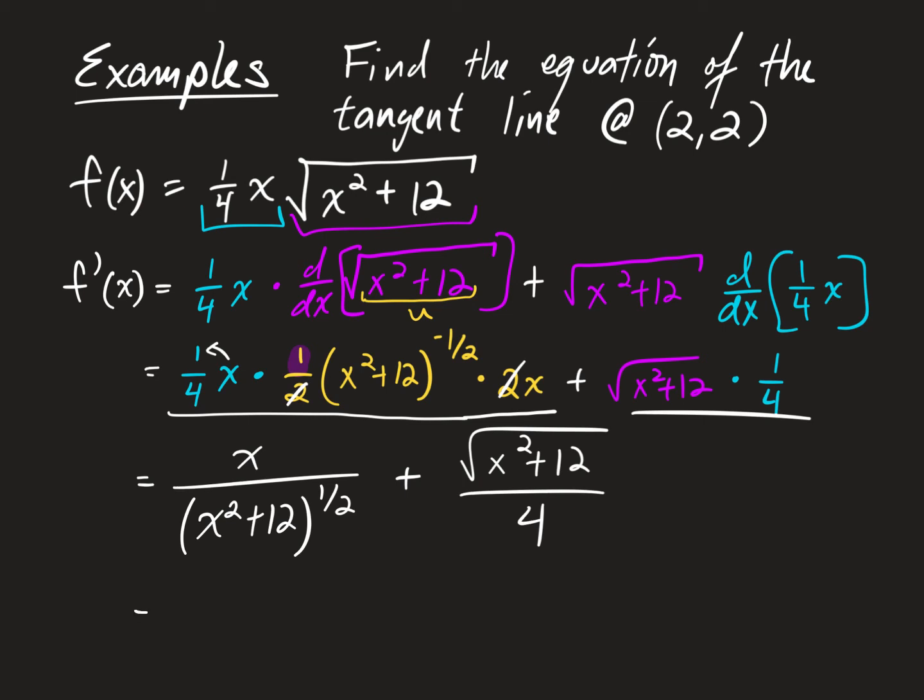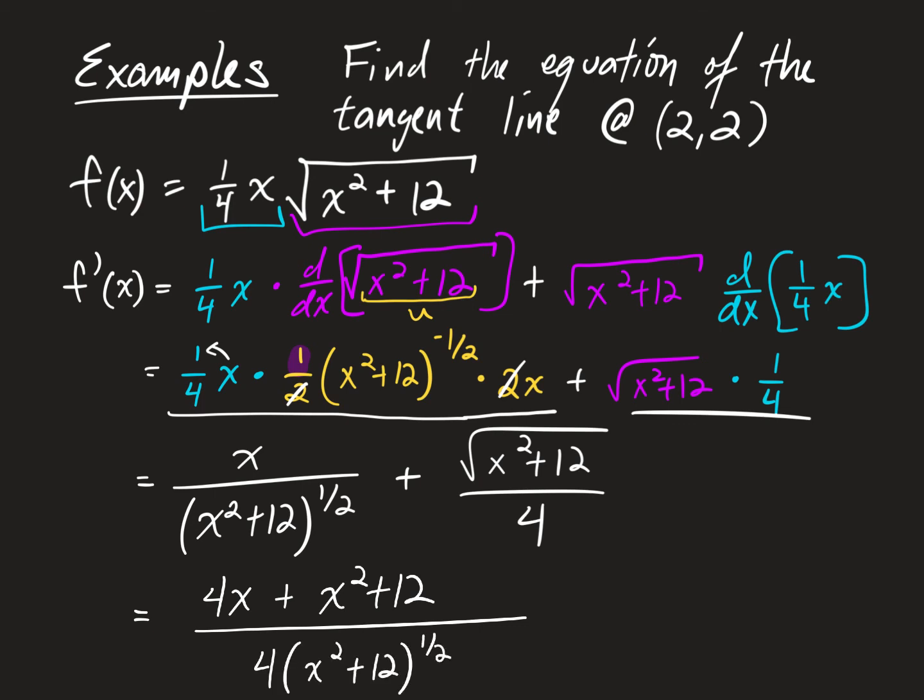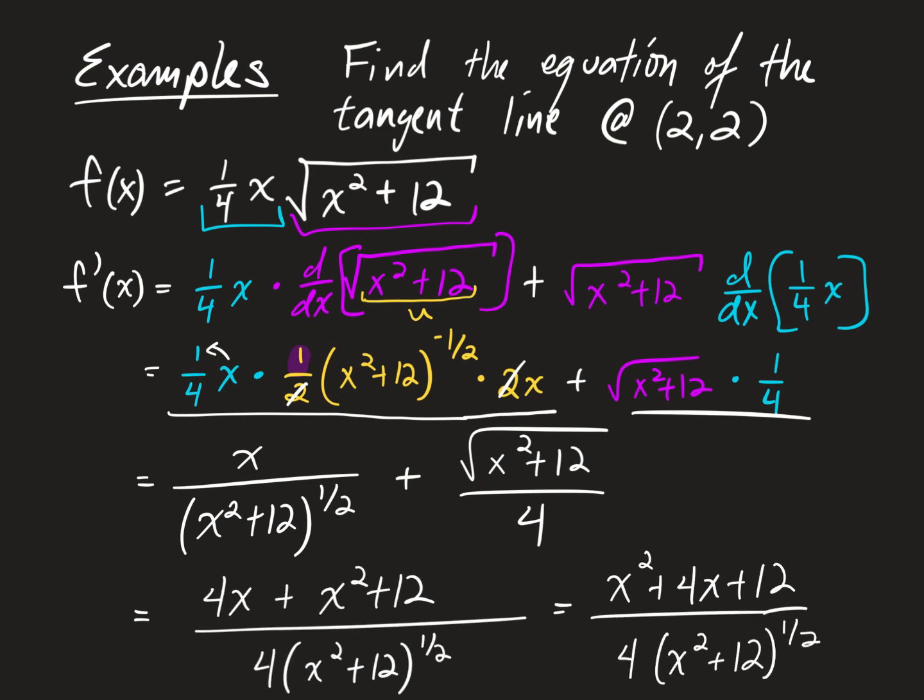And so you'll end up with something like this, 4x plus x squared plus 12 all over 4 times x squared plus 12 to the 1/2 power. And then you can rewrite it so that it's nicely written out there, x squared plus 4x plus 12 all over 4 times x squared plus 12 to the 1/2 power.